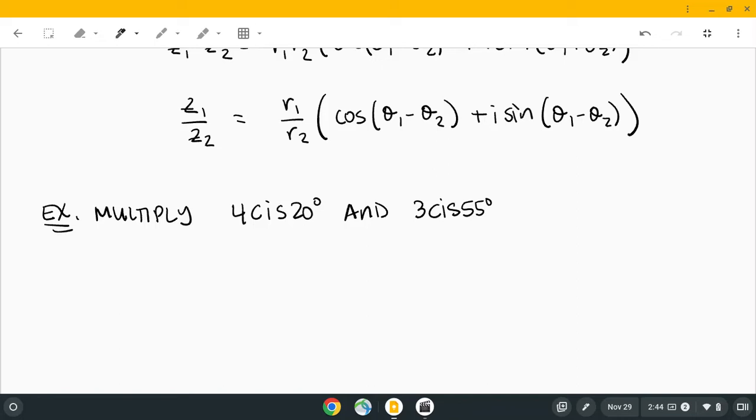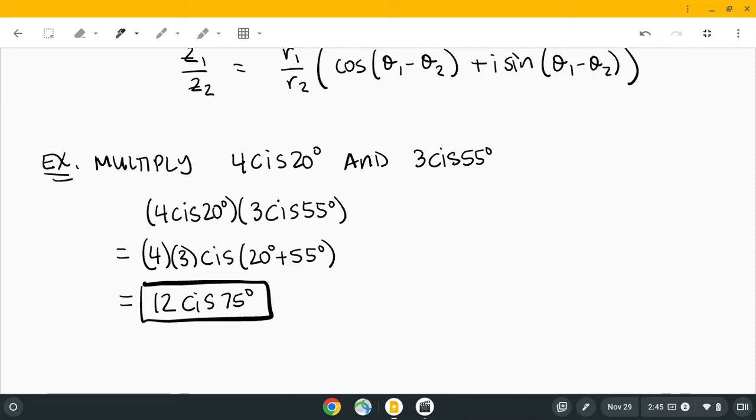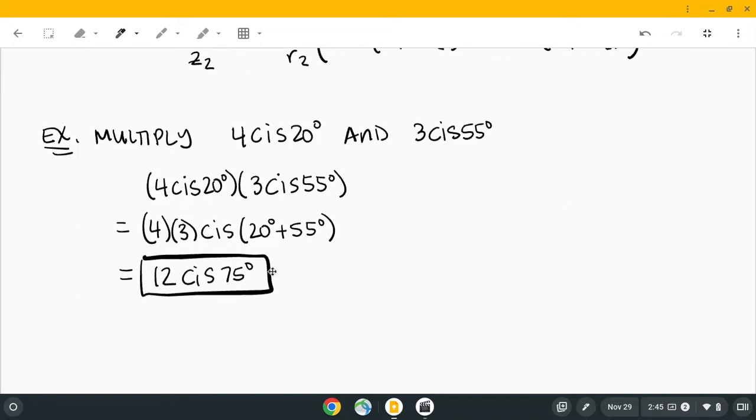Okay, so if I multiply these two, 4 cis 20 times 3 cis 55, then all I have to do is multiply the 2 r's, so 4 times 3, and then all I do is add the two angles. And so we would get 12 cis 75. Final answer. Okay. So that's it.